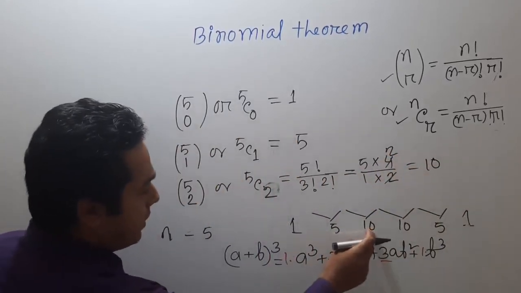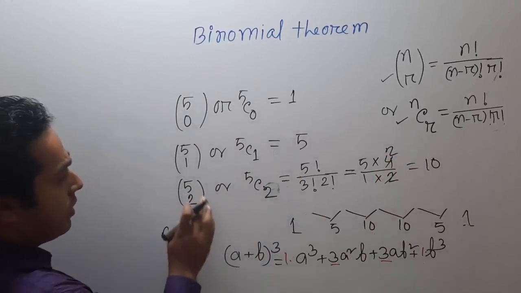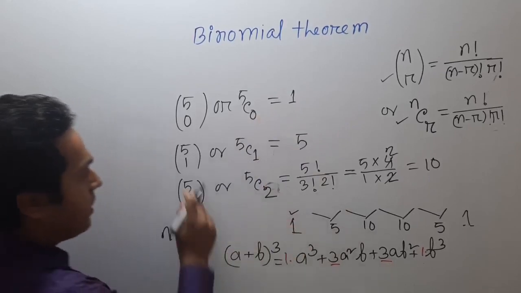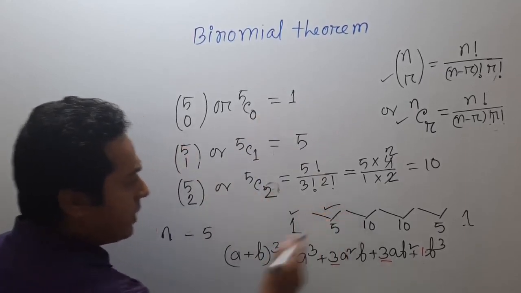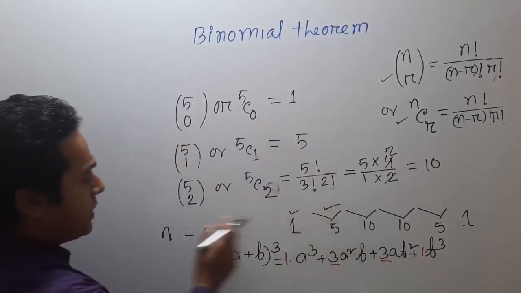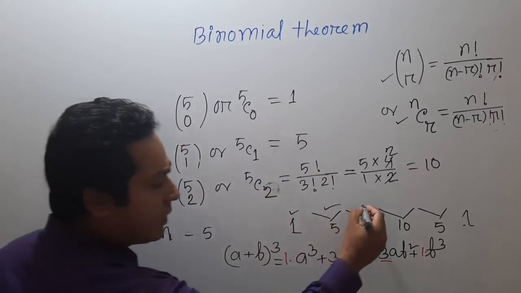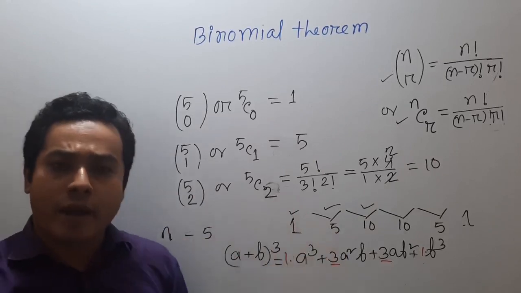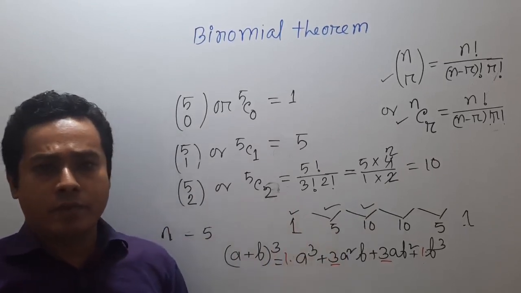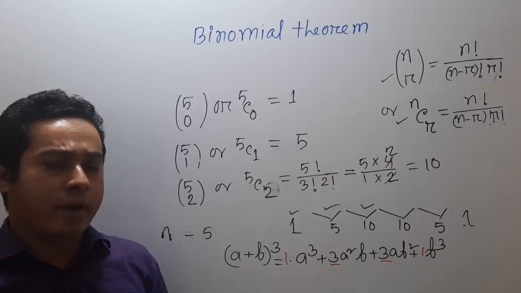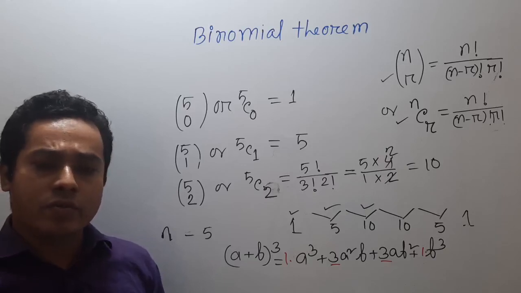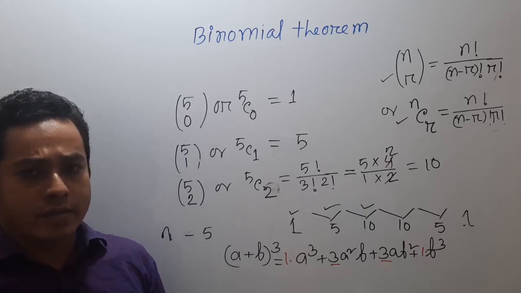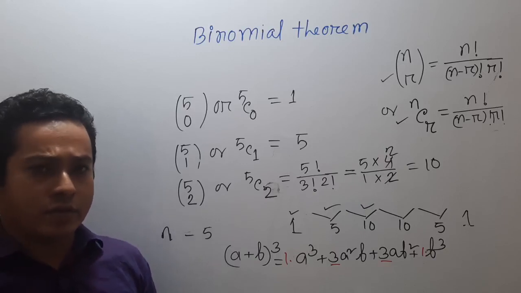So 5C0 is equal to 1, the first coefficient; 5C1 is 5, the second term coefficient; and 5C2 is 10, the third term coefficient. Now how we can use Pascal's triangle and the binomial theorem to expand binomial terms, we want to discuss in exercises 10.1 and 10.2.